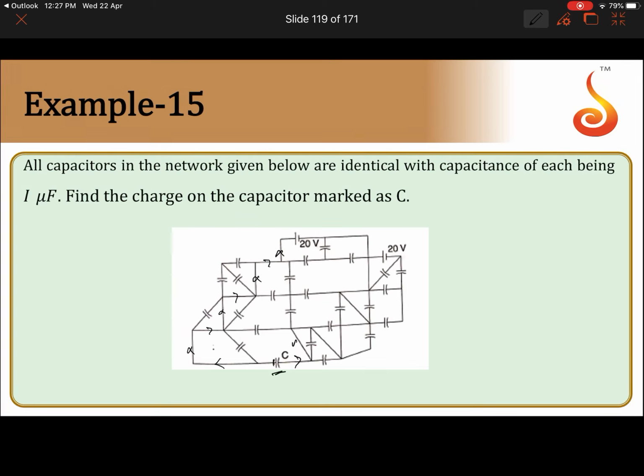Then from here, it is connected directly to the negative terminal. So the potential difference across this capacitor is 20 volt.